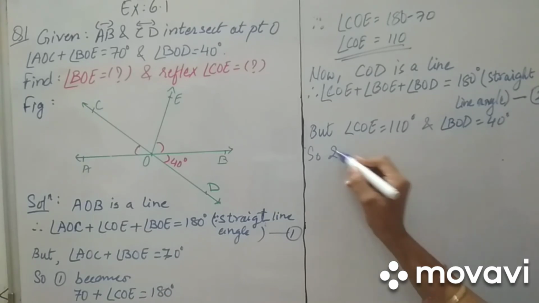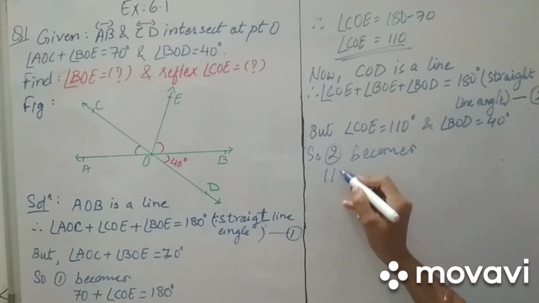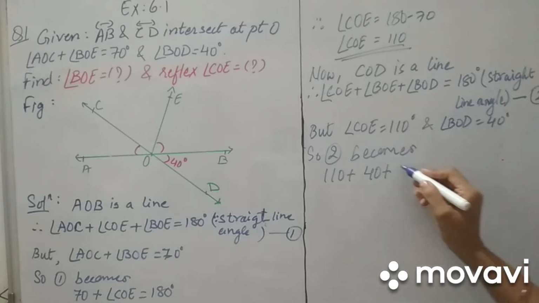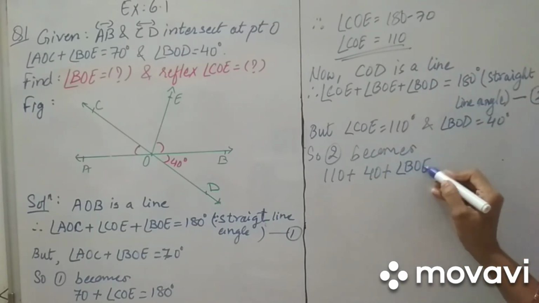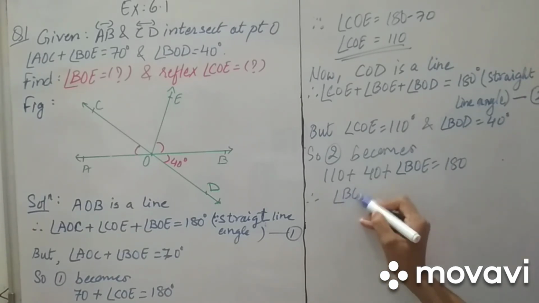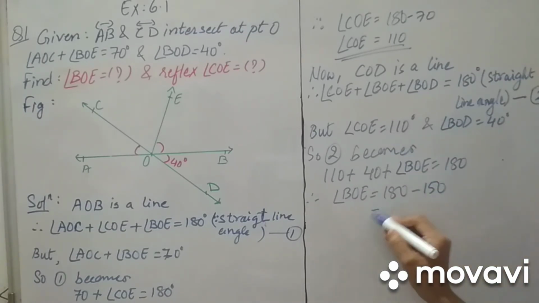So, 2 becomes 110 plus 40 plus what remains now? Angle BOE remains. Therefore, angle BOE is equal to 180 minus the addition of these, which is 150. So we get 30 degrees.